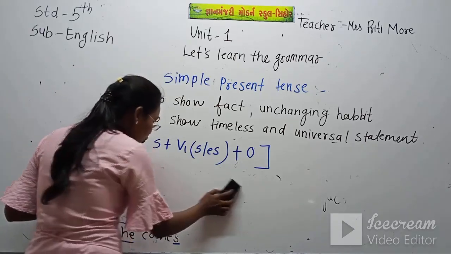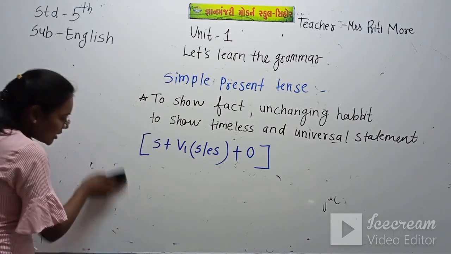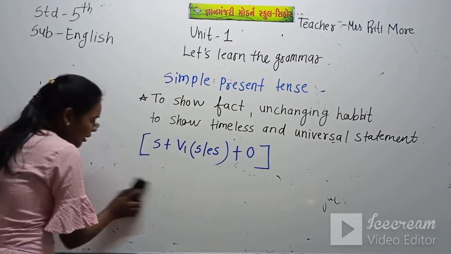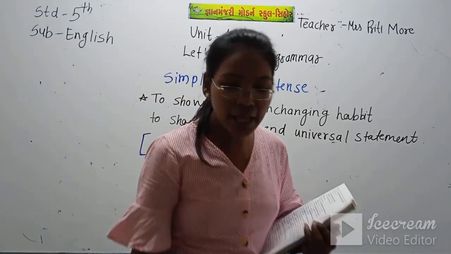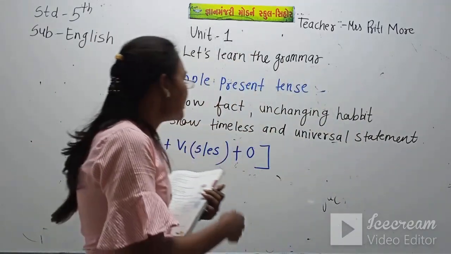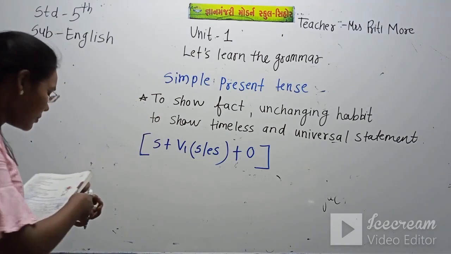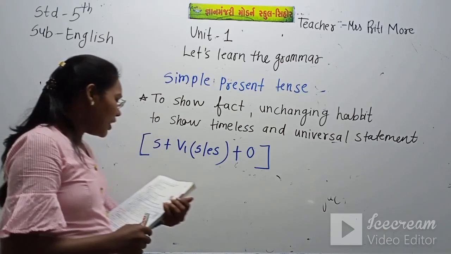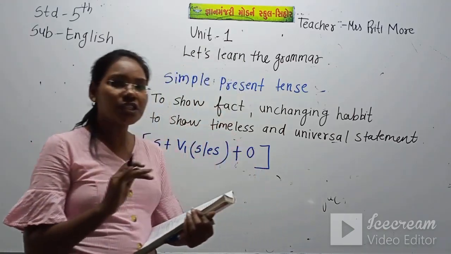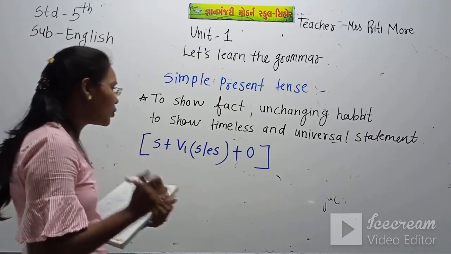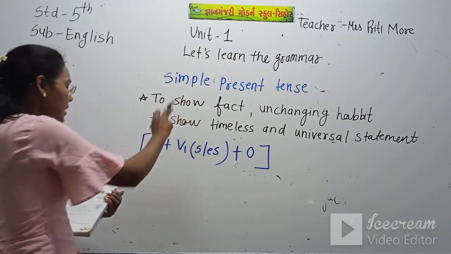Now the real fact, to show the real fact we have seen with examples. The sentences which we have written right now were to show the fact and the unchanging habit. Now let's see the timeless and universal statement. When we talk about a timeless and universal statement, we cannot change that statement. To show the universal truth, we use simple present tense.